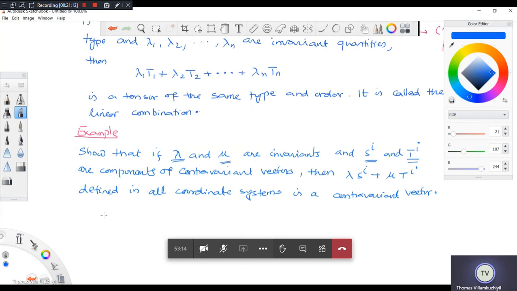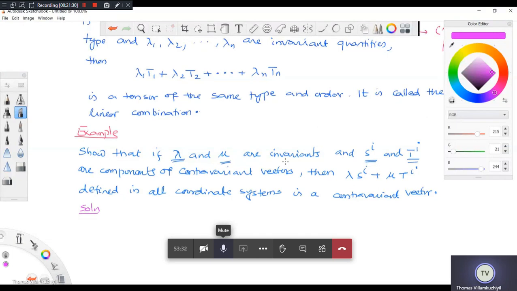That's the meaning of the same type and order. So that you can prove it actually. Okay, so how will you get a solution? What is lambda? Scalar, yes, lambda and mu are invariant. What do you mean by invariant quantity?